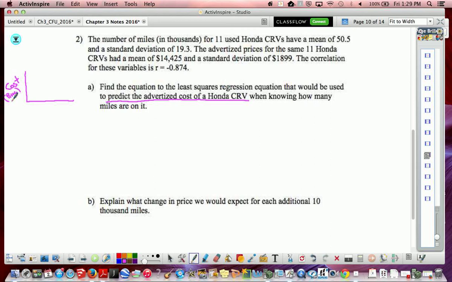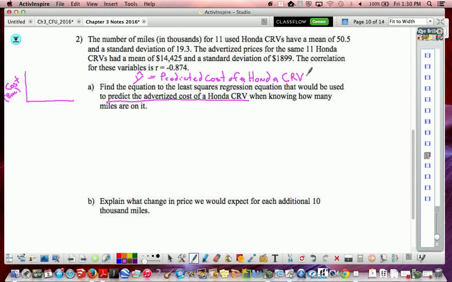So I know my predicted Y value deals with the cost. Okay? So if it helps you, some of you might prefer to say Y is the predicted cost of a Honda CR-V.